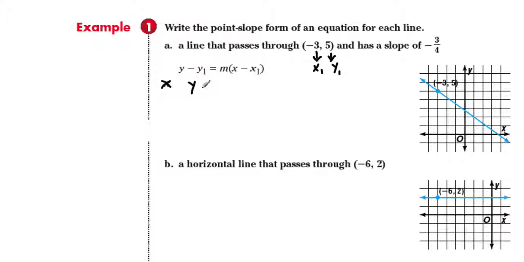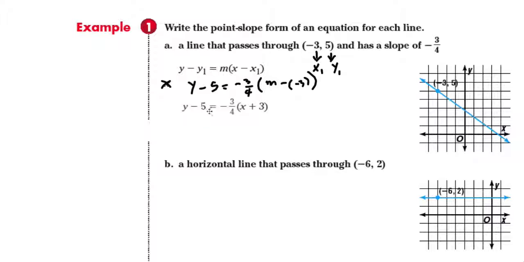So y minus 5 is equal to negative 3/4 times the quantity x minus negative 3, close quantity. If we simplify x minus negative 3, that becomes x plus 3.